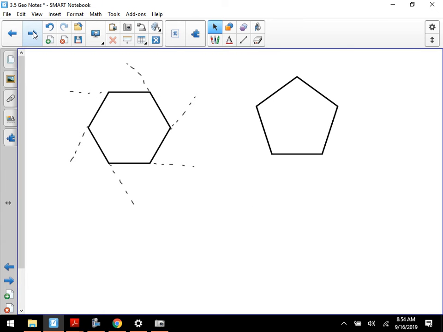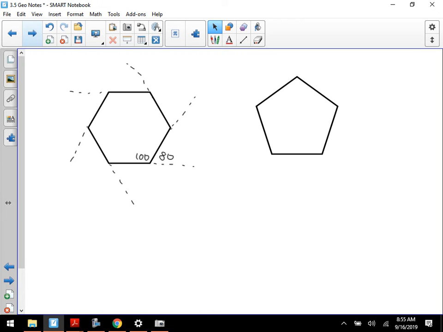Anyway, so what happens here is that you'll see a relationship between the outside angle and the inside angle. If this inside angle is 100 degrees, what does the outside angle have to be? 80. So interior and exterior angles are always supplementary to one another.